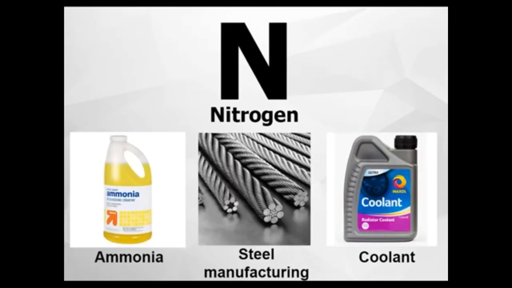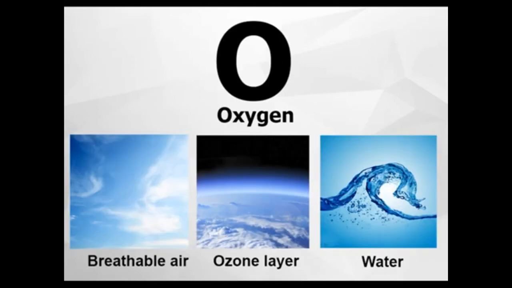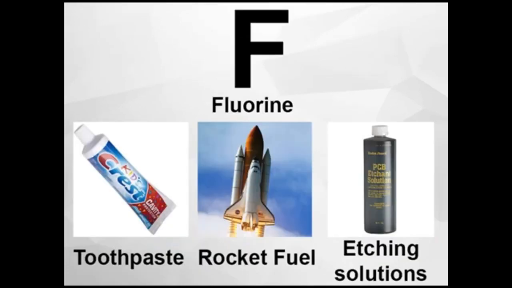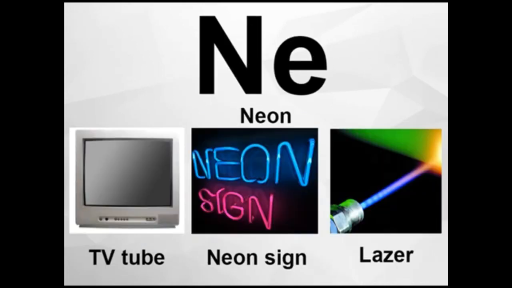For nitrogen, ammonia, steel manufacturing, coolant. For oxygen, breathable air, ozone layer, water. Fluorine, toothpaste, rocket fuel, etching solutions. For neon, okay, they are used in TV tubes, neon signs, lasers. So those are the uses of the common elements.